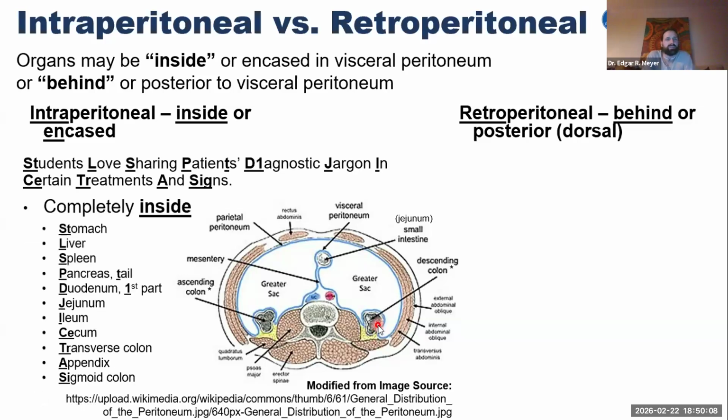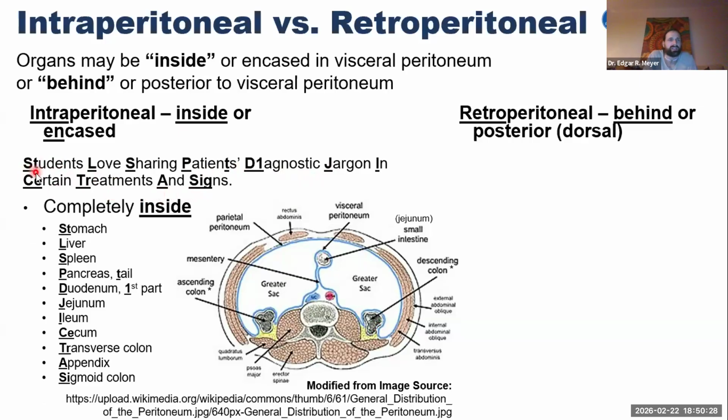And we have some mnemonics. So this is one that I created. So if it works for you, it works for you. Students love sharing patients' diagnostic jargon in certain treatments and signs.